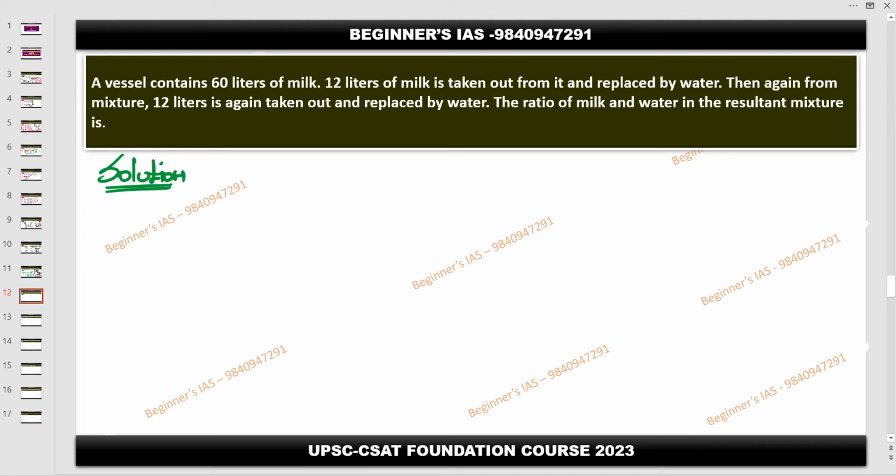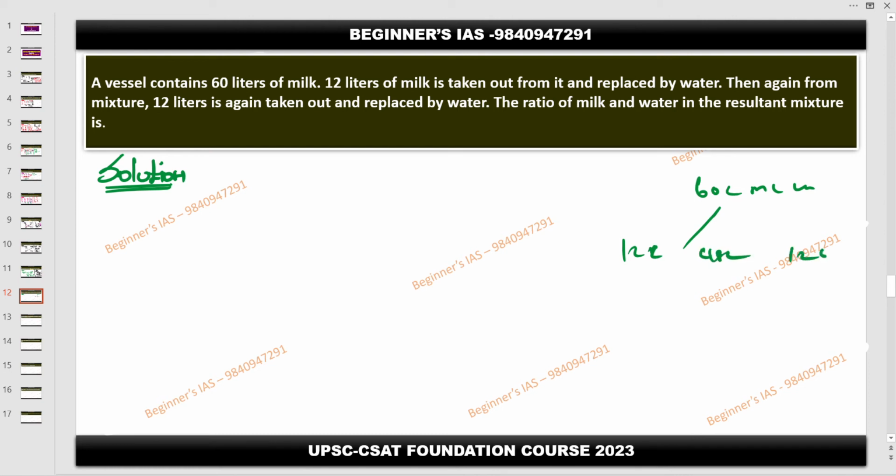Now here, the vessel contains 60 liters of milk. 12 liters of milk is taken out from it and replaced by water, which means that you are adding 12 liters of water after taking out the milk. So this is the 60 liters of milk. Do the manual calculation also. Here you take out the 12 liters of milk, then it becomes 48 liters.